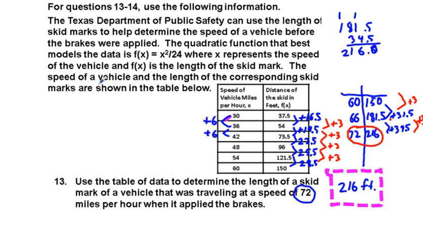Next, number 14 says use the table of data to determine how fast a vehicle was traveling if the length of the skid mark was 24 feet. Well, for that, we're going to have to work back the opposite direction. I'm going to leave the table right here.